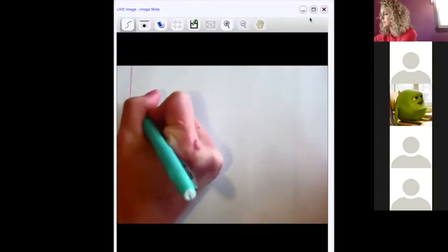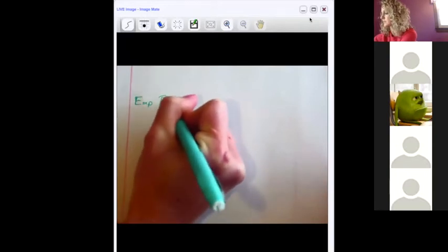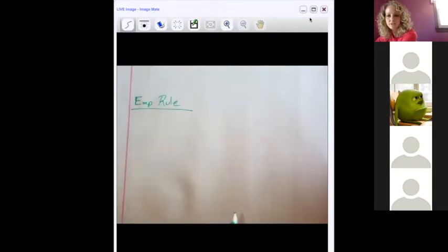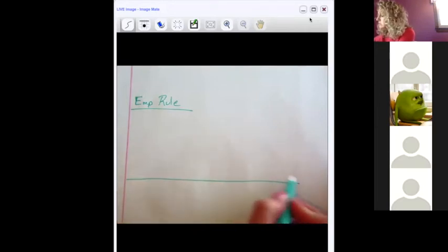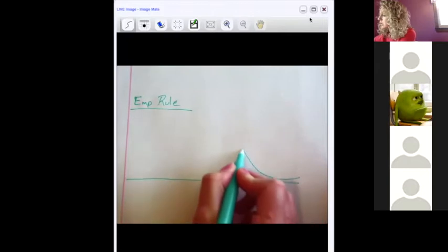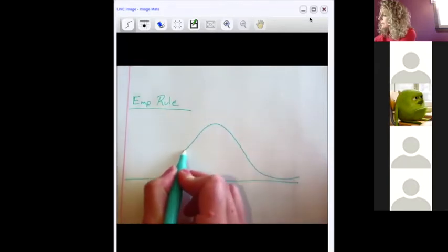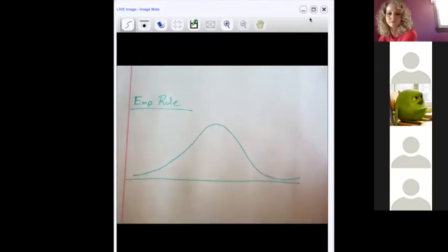Okay, so when we talk about the empirical rule, we're talking about the normal curve. So let's see if I can draw this semi-normal. That's not too bad.